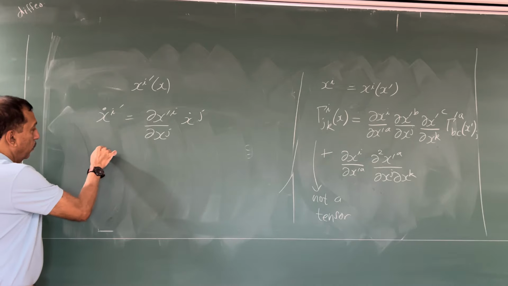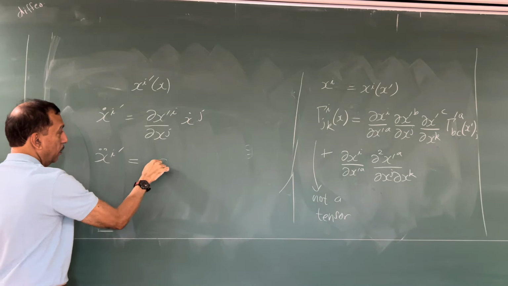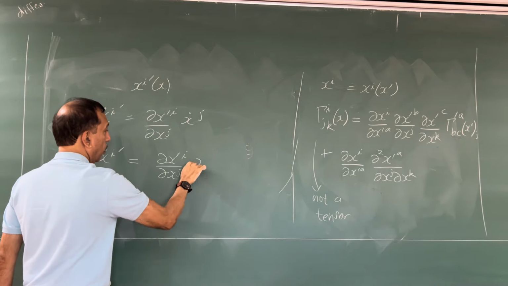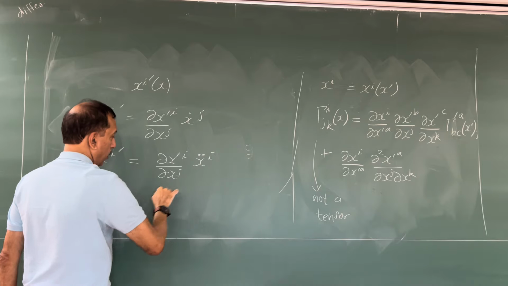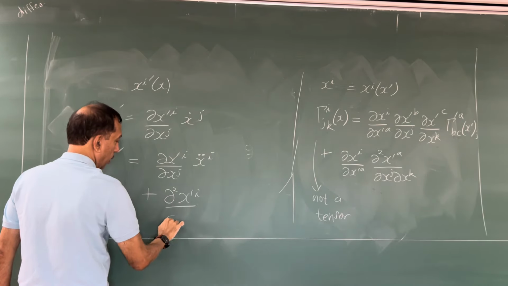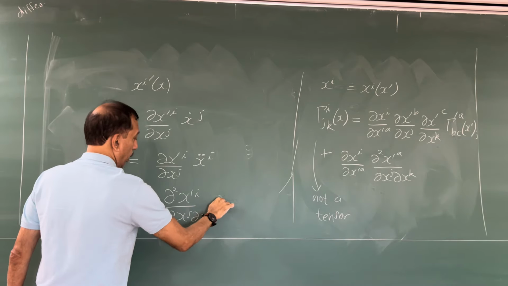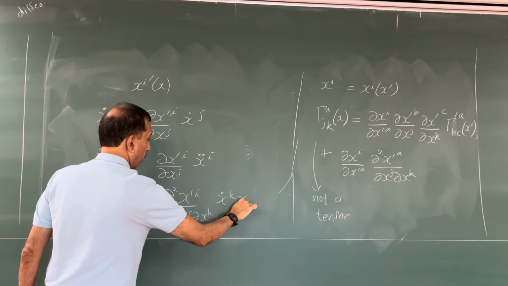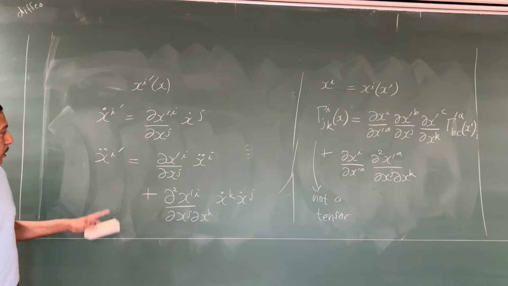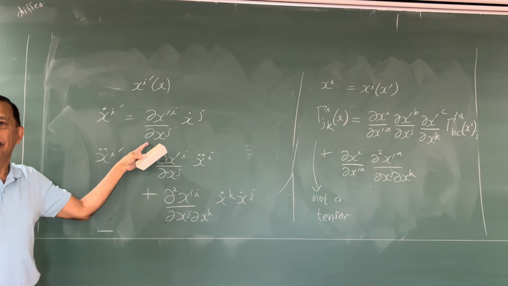Now let's do one more derivative. So I take d by dt on this side, so I get this. But I also get del 2 x prime i, del x j, del x k, times x dot k, x dot j. Because d by dt on this equation will differentiate this prefactor.